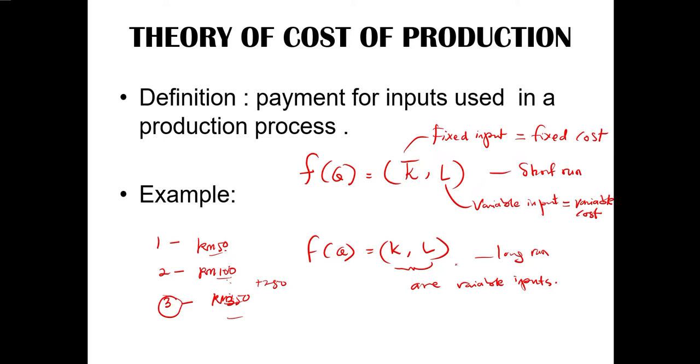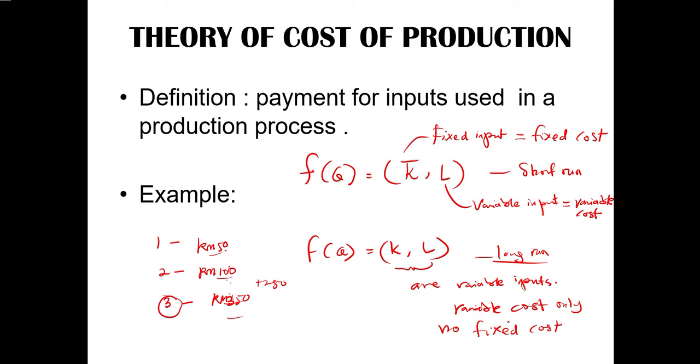While in the long run, because both inputs are variable, tidak berubah, that's why the cost will be variable cost only. Meaning that in the long run there will be no fixed costs.